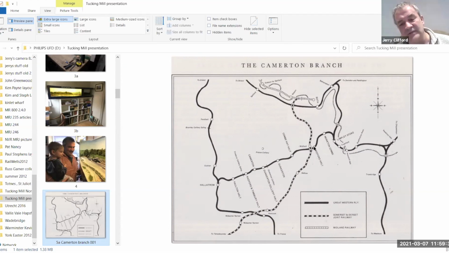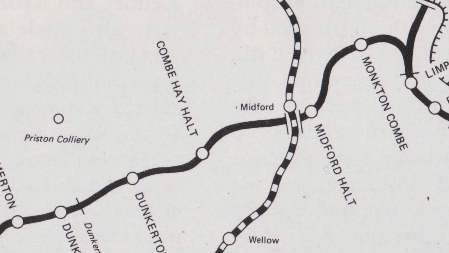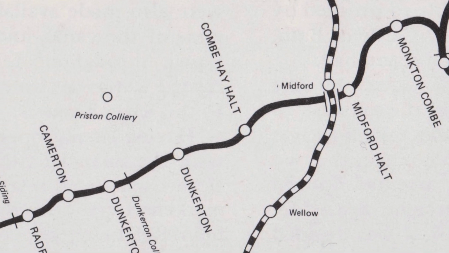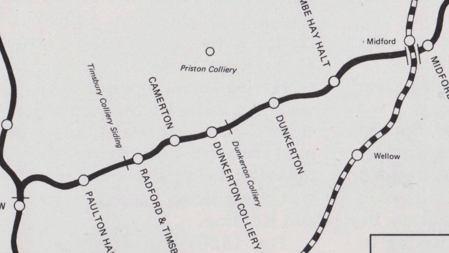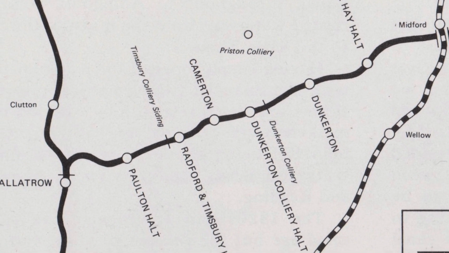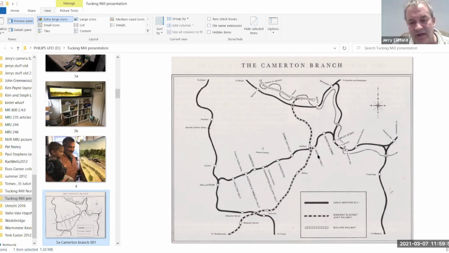So it's that merger of reality and fiction. The Cam Valley was a real line. There were numerous collieries along it, including Camerton itself, Dunkerton, and so on. But it's that merging of reality and fiction. I've taken the real thing and I've altered history. So it already, I think, has that level of believability.